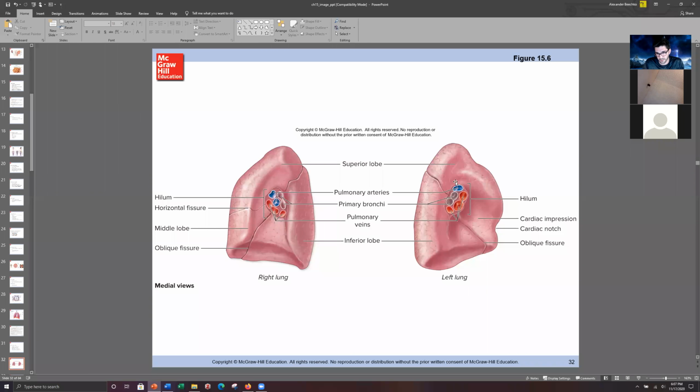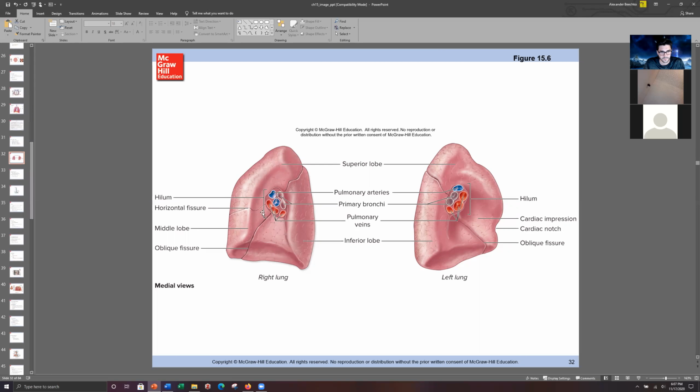And then our pulmonary veins are denoted in red because they are oxygenated, oxygen saturated. On our left lung, we can see the cardiac impression with the cardiac notch, leaving space for the heart to occupy. We've got the oblique fissure that separates the superior and inferior lobes from one another as well.